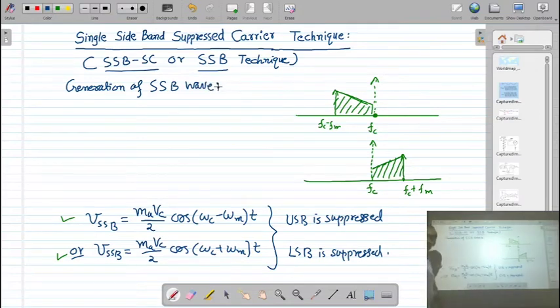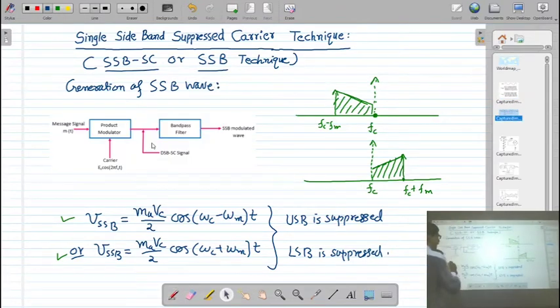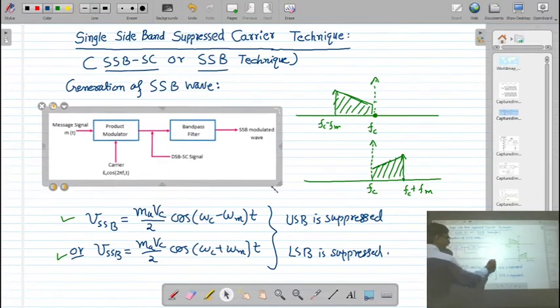So basically for this generation, first of all we have to generate the DSB-SC wave, and then one of the sideband frequencies is going to be suppressed. And how can we generate the DSB-SC wave? Last time I already mentioned that we can use a product modulator. A product modulator is nothing but a kind of multiplier circuit. So if you see this diagram, then the simple block diagram is like this.